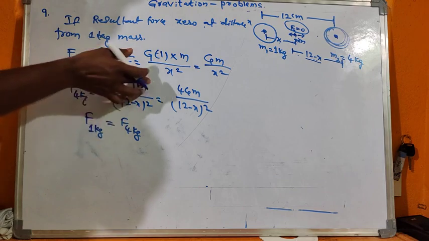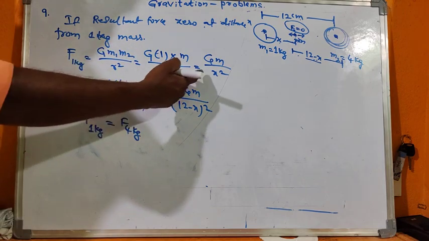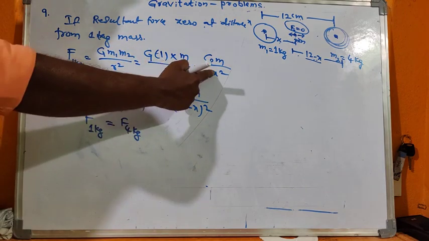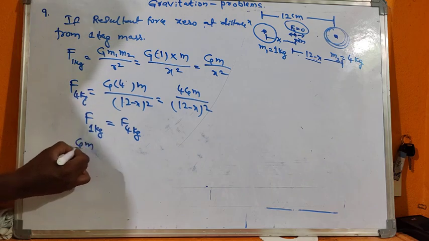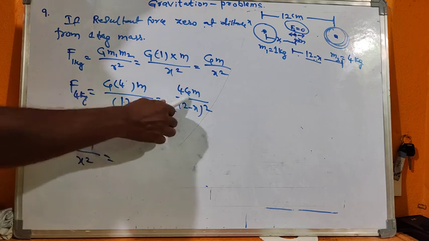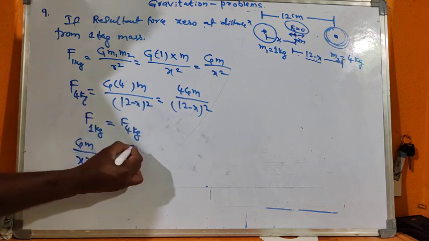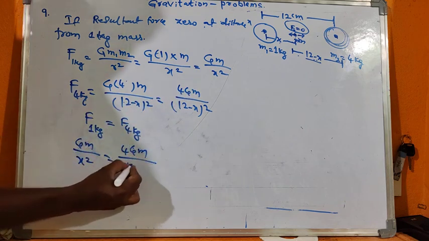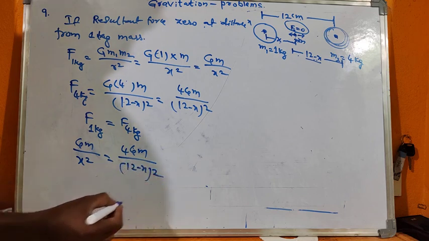That's why we equate their magnitudes: Gm by x square is equal to 4Gm by 12 minus x whole square.